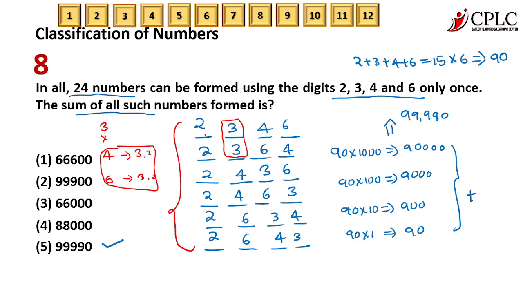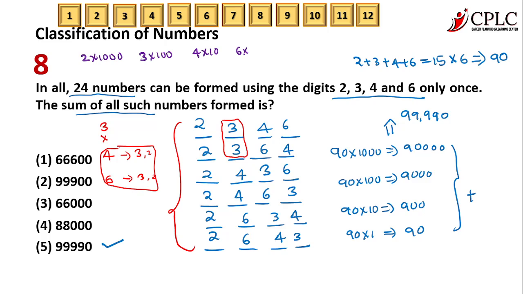So the logic for that is, let's take a number, let's say the first one only, that is 2346 for example. How is this number actually formed? Because 2 is at the thousands place, we'll have to multiply by 1000. Then 3 is at the hundreds place, so we'll have to multiply by 100. 4 is at the tens place, so we'll have to multiply by 10.